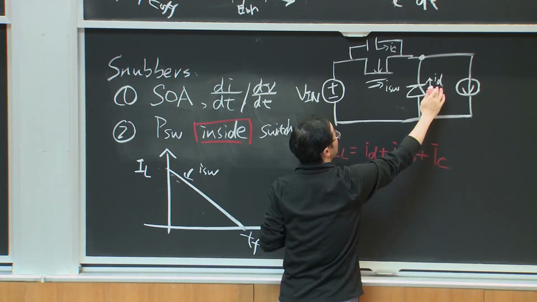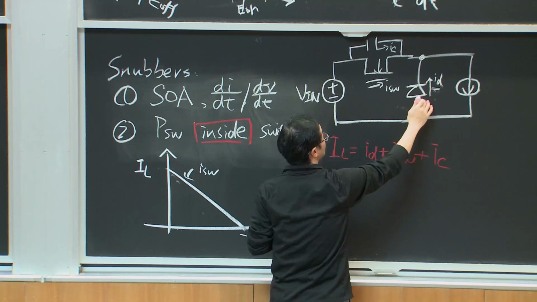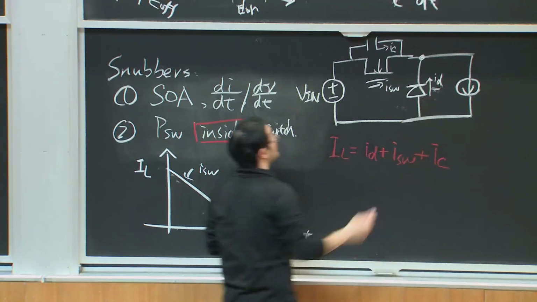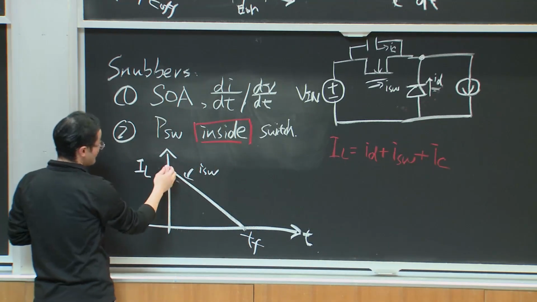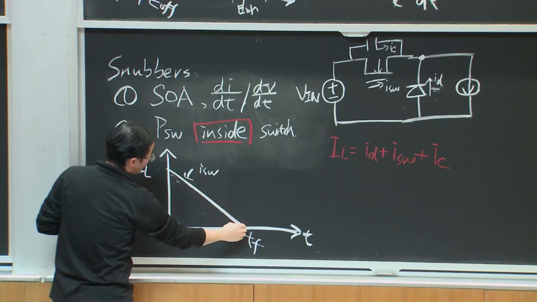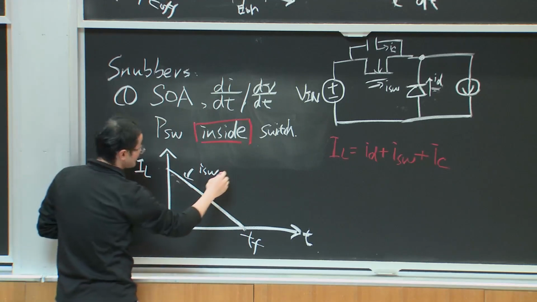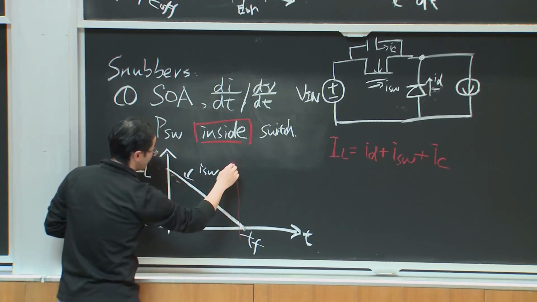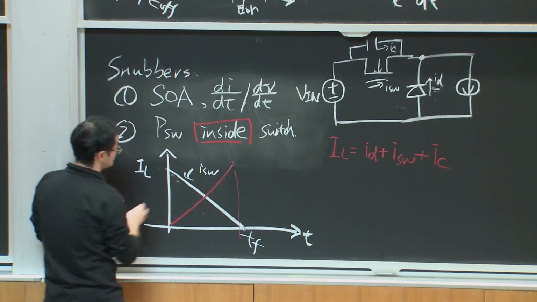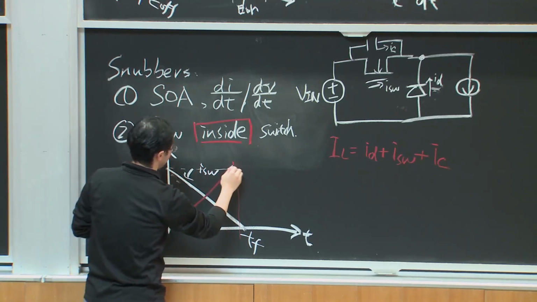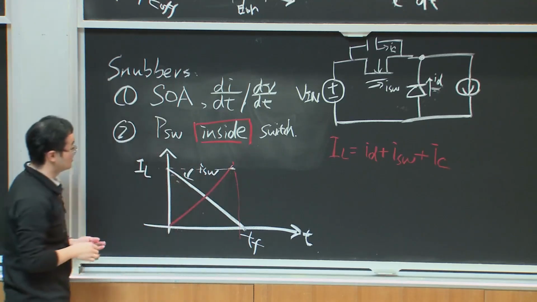And pay attention, at this time, the diode is still in the off state. So when the switch has a linear ramp of the current, the capacitance will similarly have a linear ramp of the current, and this will reach IL.